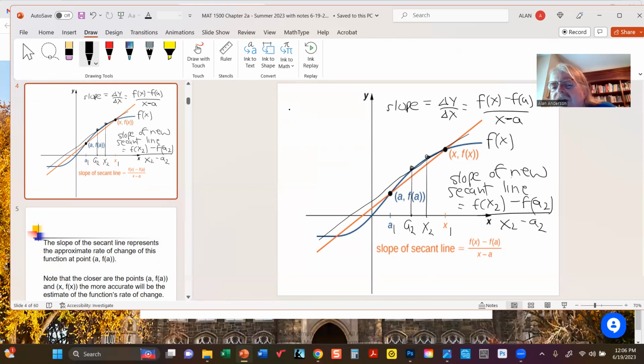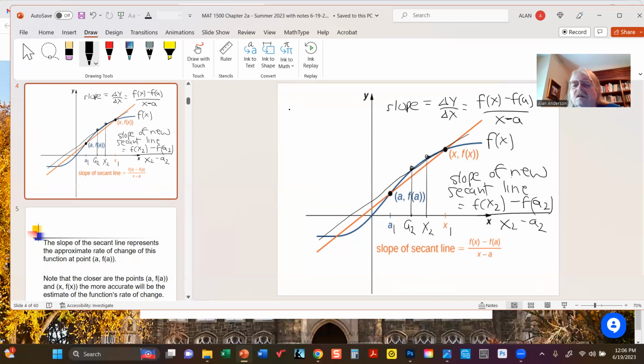Now, the important detail here is that x2 and a2 are closer to each other than the original x and a. And so as a consequence, the secant line is closer to the curve.